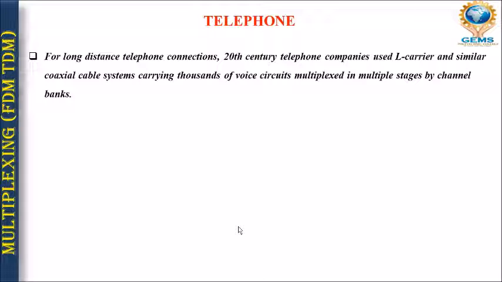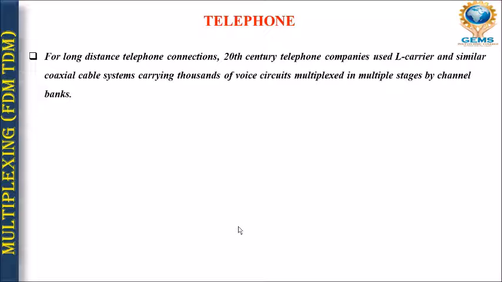See how the telephone system works. Basically it uses L carrier, and this signal is used to carry thousands and thousands of voice circuits, which are multiplexed with the baseband signal and carrier signal, right?